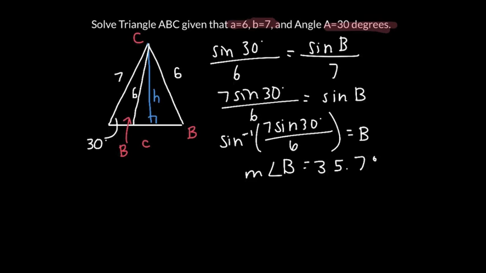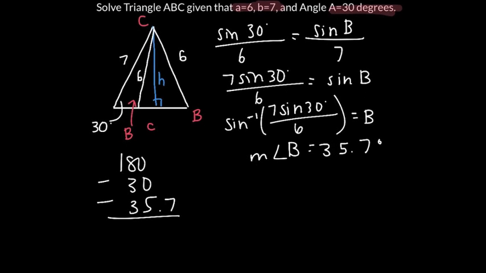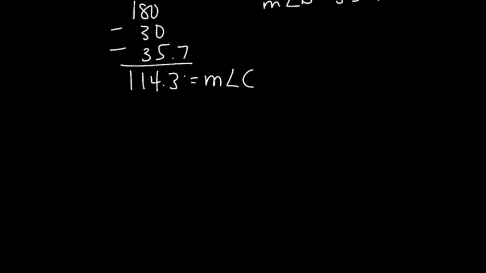Next, we'll find the measure of angle C by subtracting angle A plus angle B from 180. So 180 minus 30 minus 35.7, and you should get 114.3 degrees for the measure of angle C. Now you can find the length of side c using the law of sines.